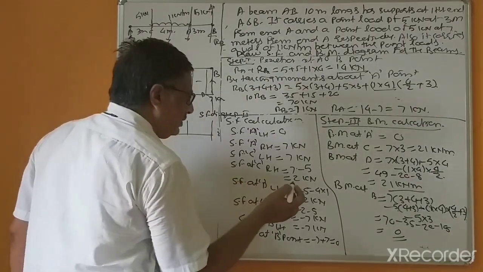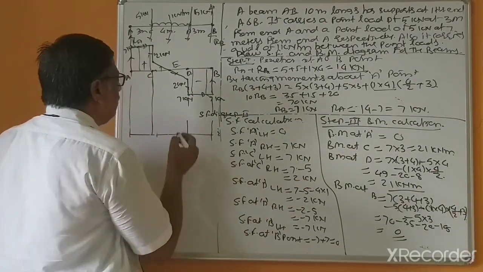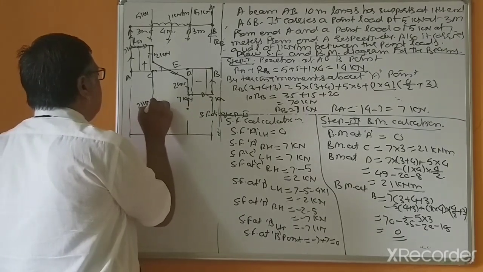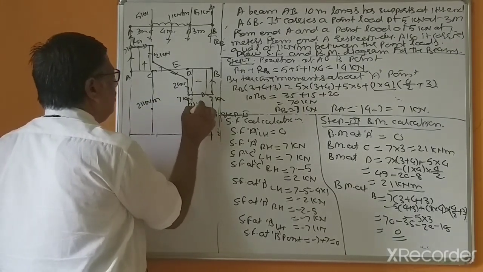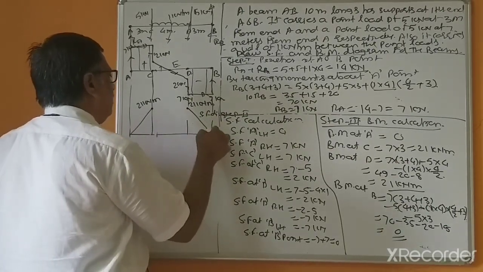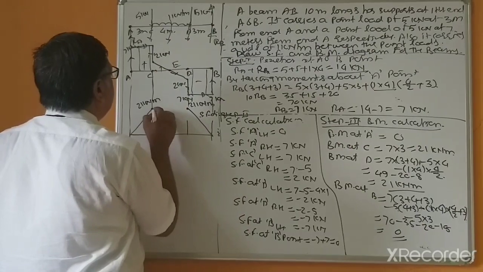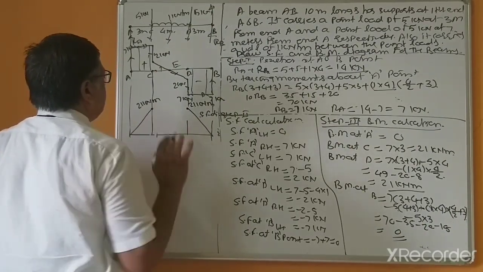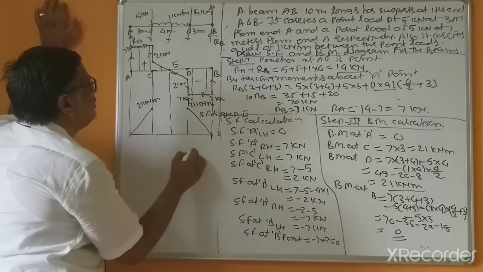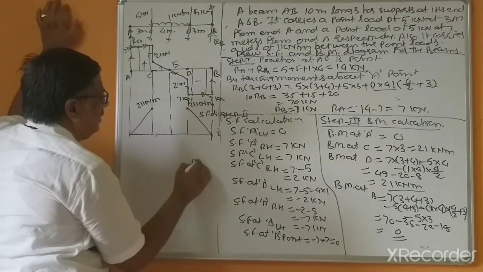Now mark 21 kilonewton meter, 21 kilonewton meter, and this is parabolic. So here you will get the maximum bending moment, and this is the bending moment diagram.